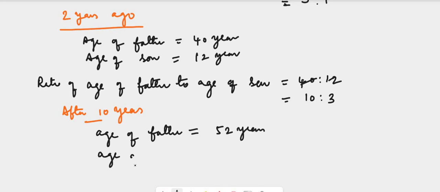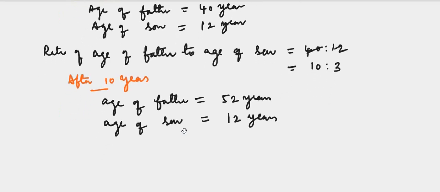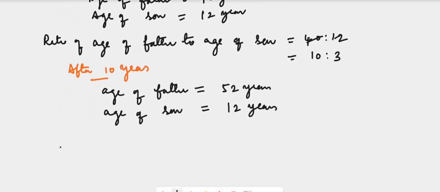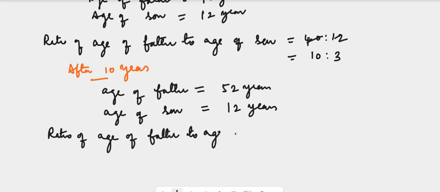Age of son 12 years. Ratio of age of father to age of son is equal to 52 years is to 12 years.